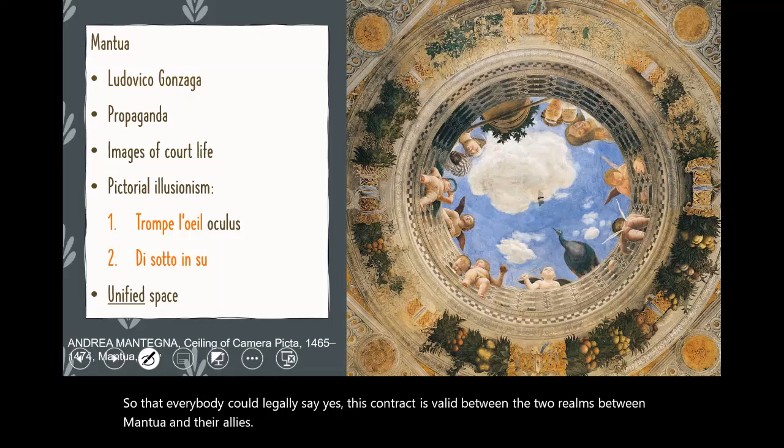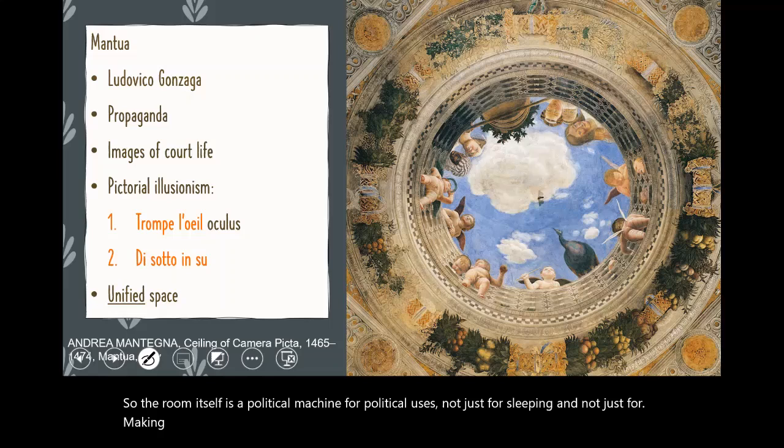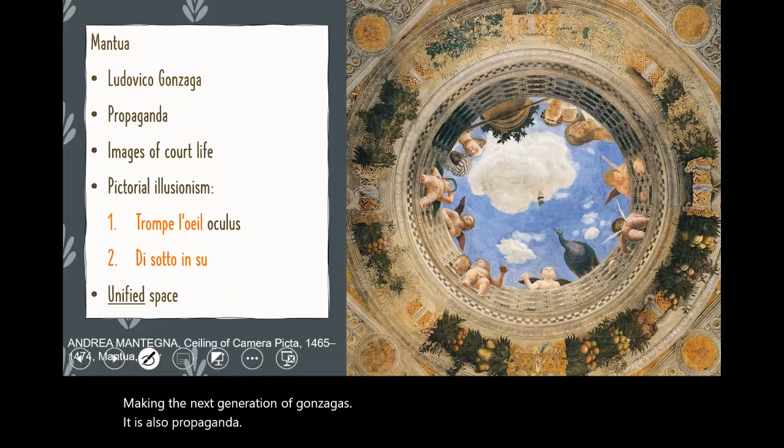So the room itself is a political machine for political uses, not just for sleeping and not just for making the next generation of Gonzagas. It is also propaganda in its richness, in its opulence.